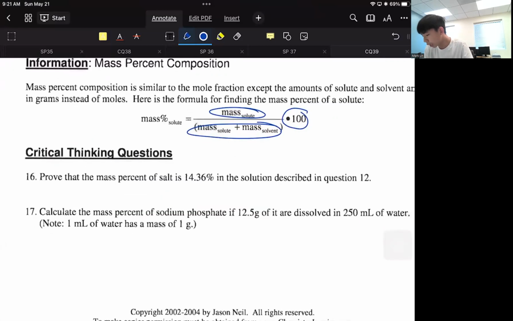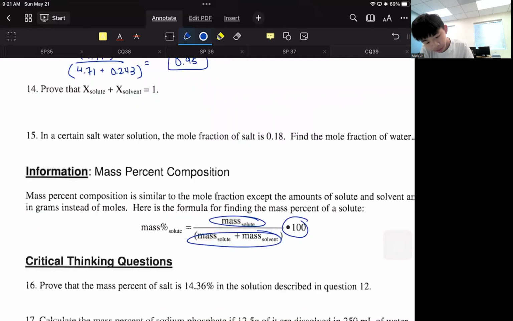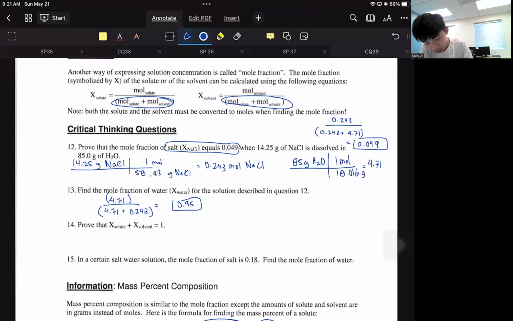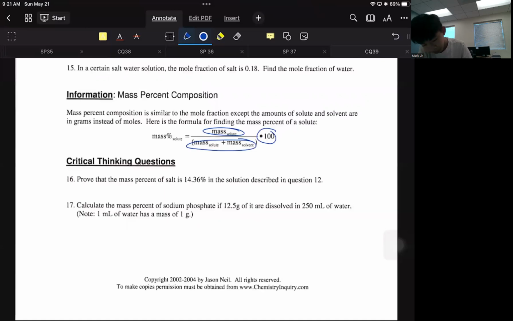16, prove the mass percent of salt is 14.36% in the solution described in question 12. So we're using question 12 now, so we use the grams. We're trying to find the mass percent of salt.